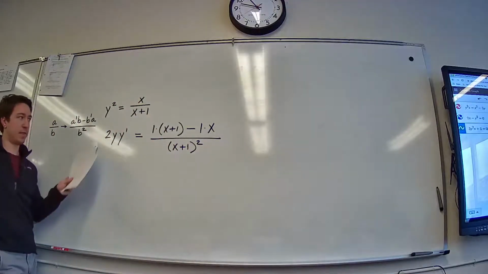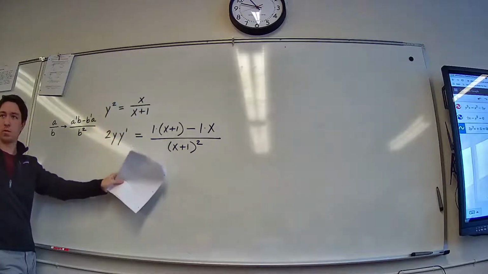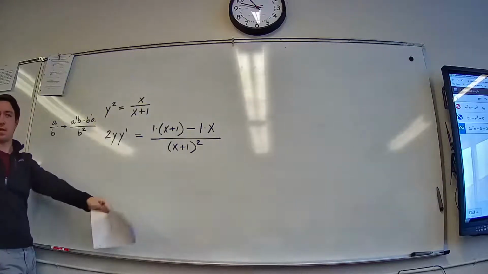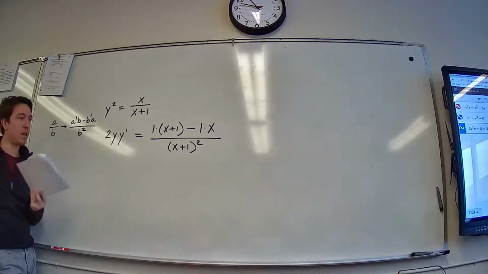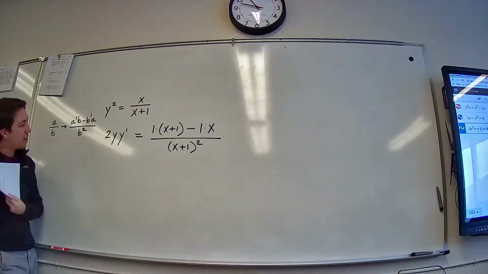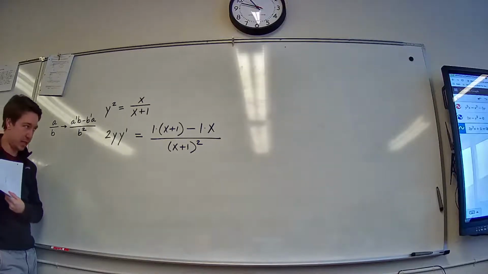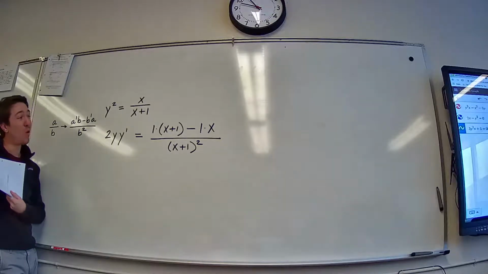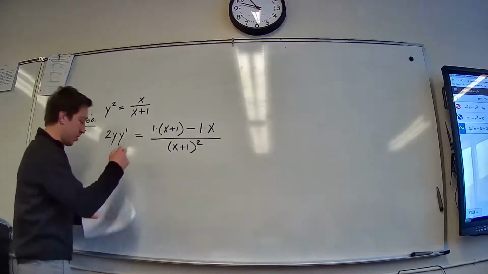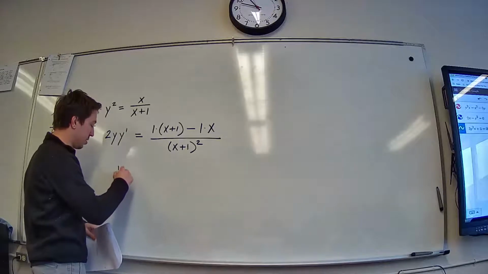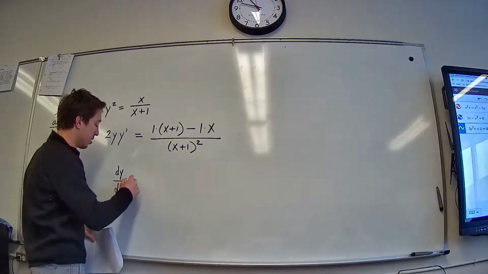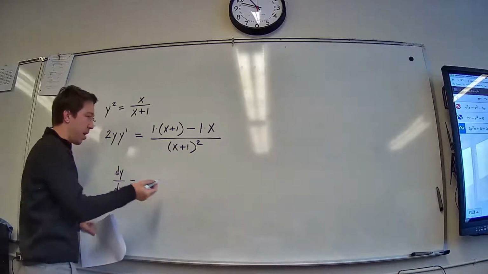Are we all cool with getting from there to there with the quotient rule? Yeah? What's the top? Actually, it's just 1. So, turns out the solution didn't involve that much algebra, really.